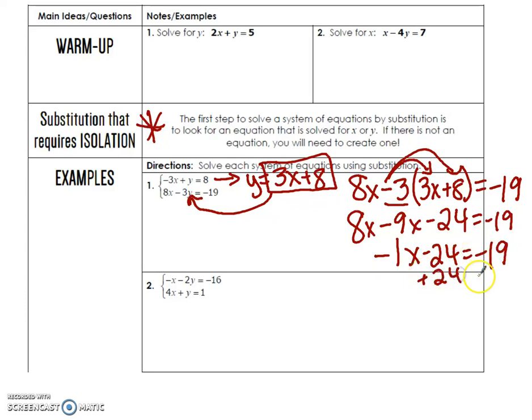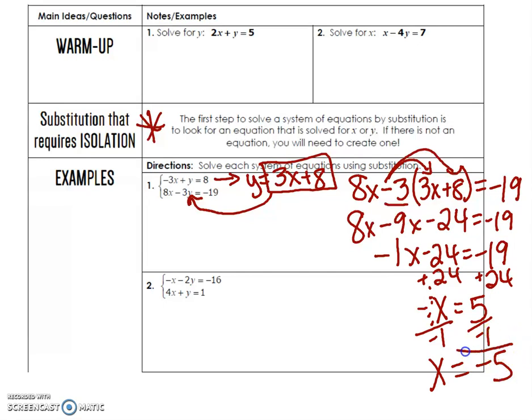Add 24, add 24. So we get -x or -1x. Remember, that's the same thing. -19 plus 24 is 5. Then we have to divide by -1 because it can't leave us with a negative x. So x equals -5.